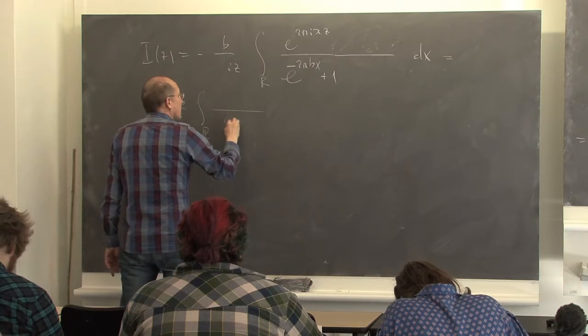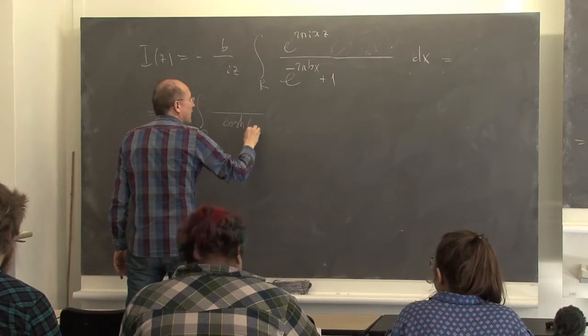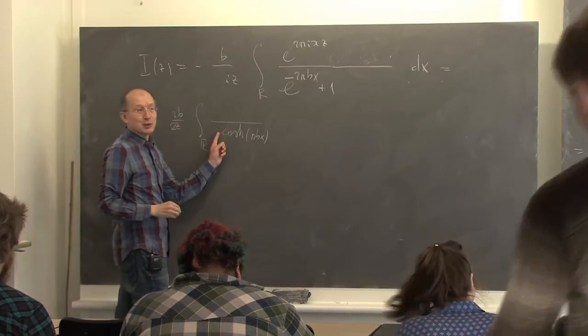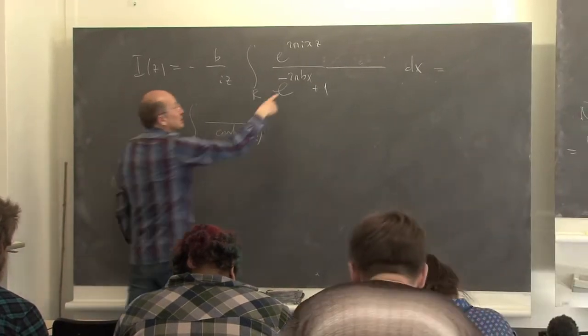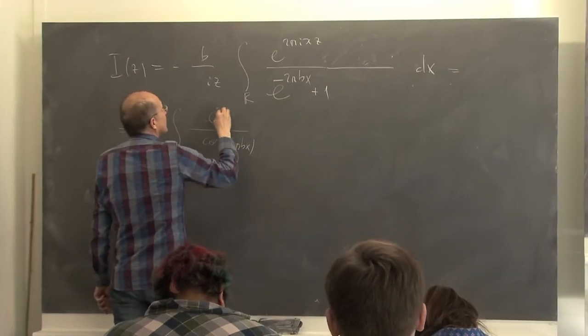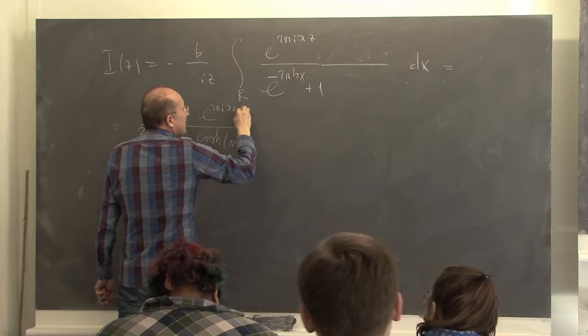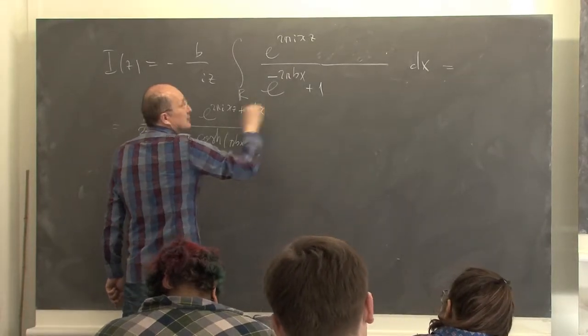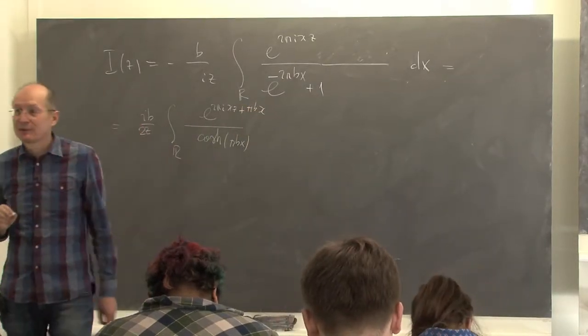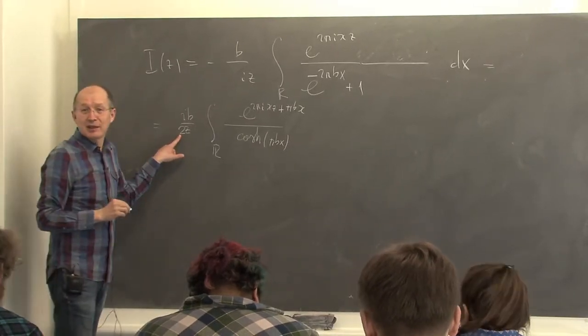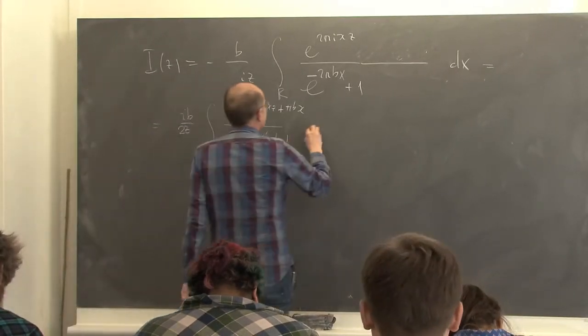I put here cosh of pi b x. So 2 times cosh will be a sum of 2 exponentials, but we have to correct here 2 pi i x z plus pi b x, right? So that's now the 2 explained, dx.